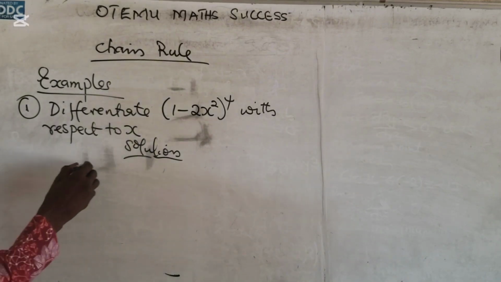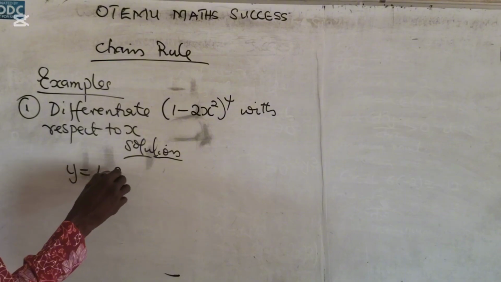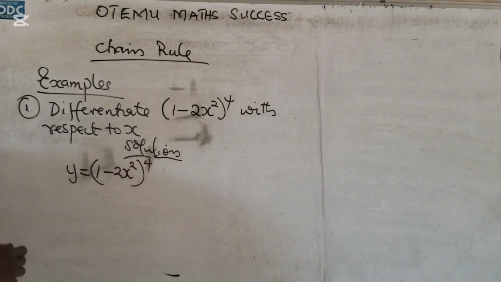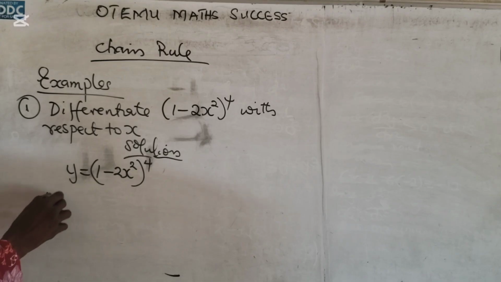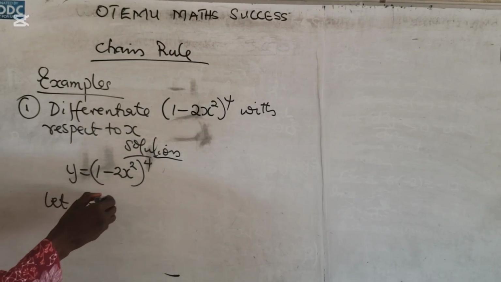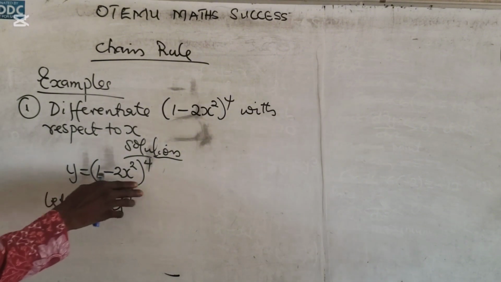I'm now saying, okay, y is equal to (1 minus 2x raised to the power 2) raised to the power 4. Let y be u raised to the power of 4, where u is what is inside the bracket.